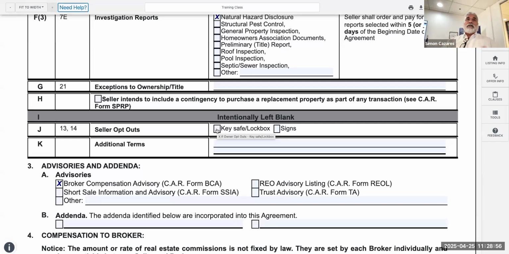It's a contingency that allows the seller to have that peace of mind that they're not going to be technically homeless when they sell the property, right? So it's a disclosure to the buyer that says, hey, we're going to put the property on the market, but I also have to identify a property before I release. And if I don't find a property within the time period, I don't have to sell it.